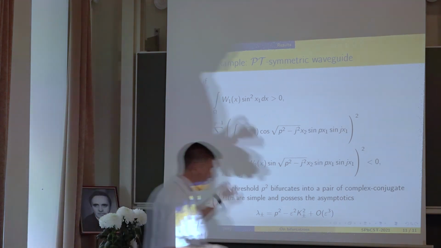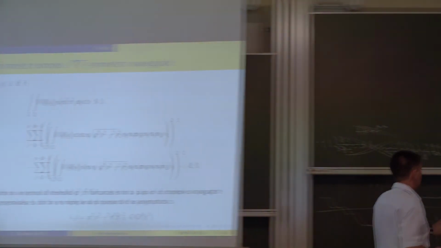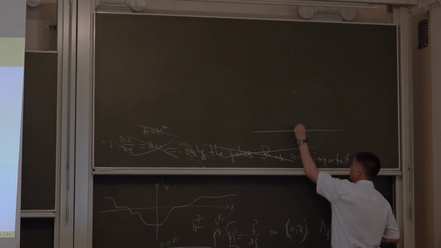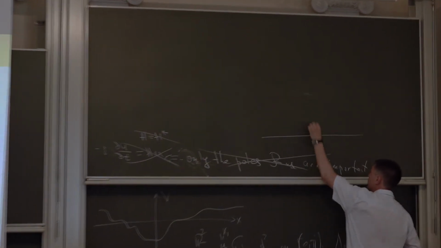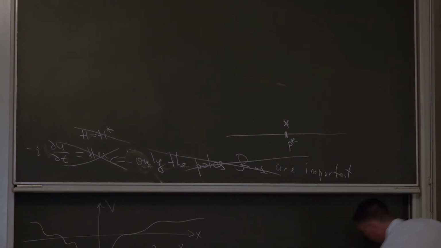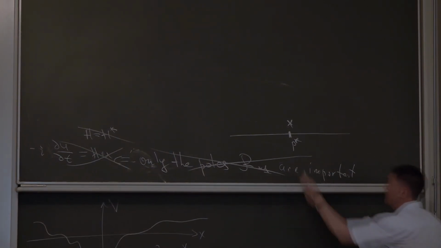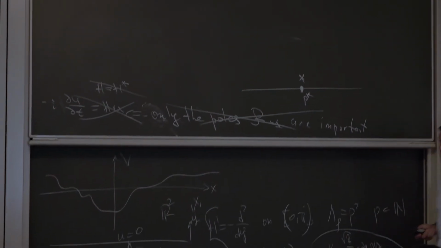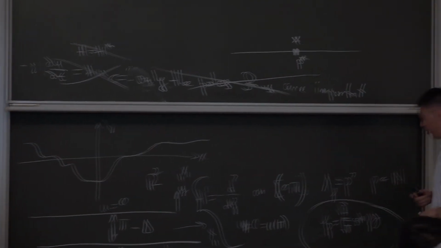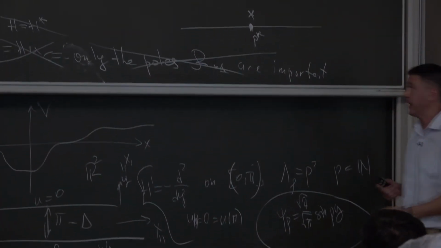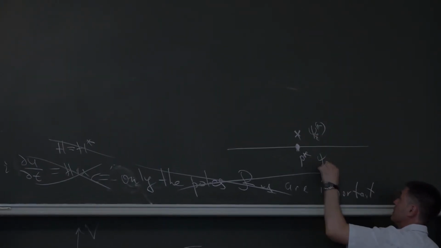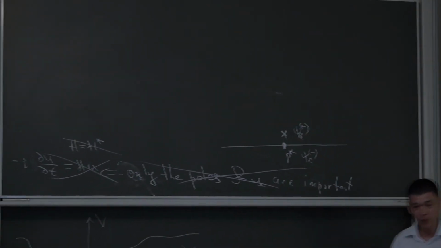And in this case, for such a model, we shall get exactly the picture which I showed before, that near the threshold, I have one eigenvalue here and one here. And despite the fact that I have just one eigenfunction for this threshold, under the perturbation, it splits into two eigenvalues. So here at the threshold, I have one eigenfunction, and here I have two eigenfunctions, this one and that one. It's like an eigenfunction coming from nowhere.